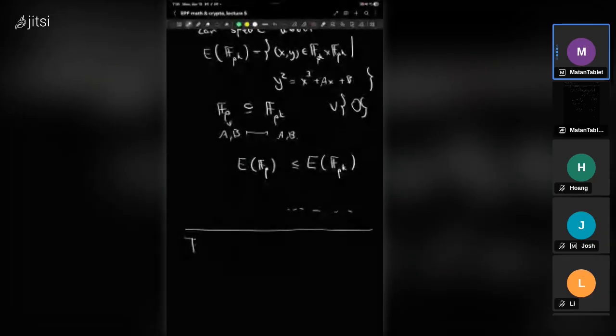How many points do I have on an elliptic curve? Approximately. This is called the Hasse-Weil bound.